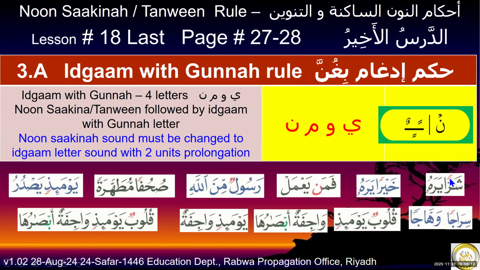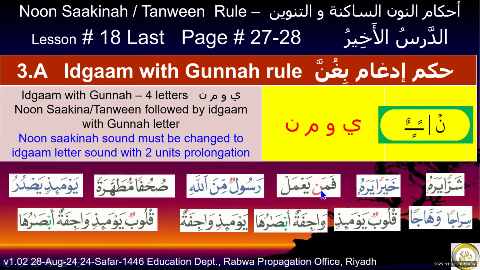So ra fatha ra. Then connect with the ya sukun. The idgham letter, make it sukun and connect it. Ra fatha ya sukun rai. We have to make gunna here, so prolong 2 units. Ra fatha ya sukun rai. Sharrayyarahu.